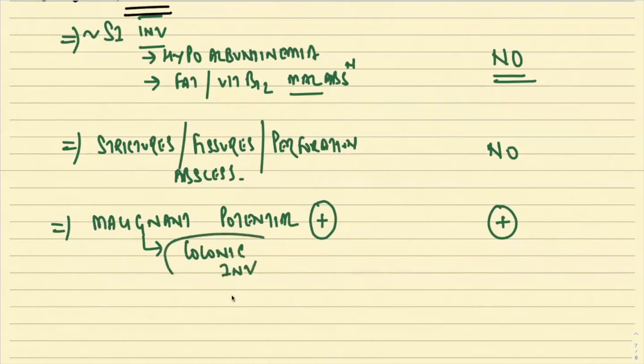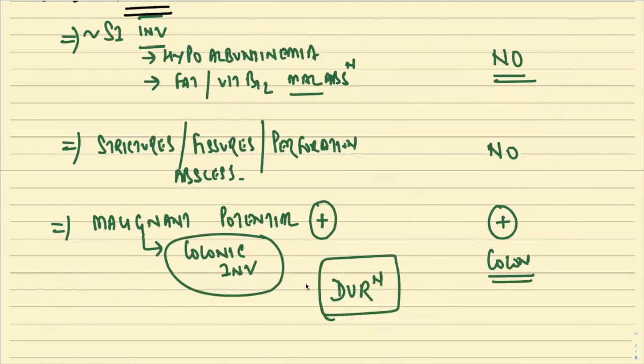If it is involved over here, colon is always involved. So over here, the most important factor that influences the development of malignancy is the duration of the disease. Okay, so the longer the duration, the more is the chance of having malignancy.